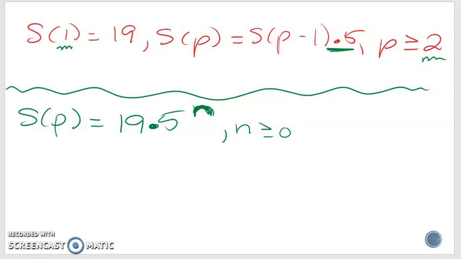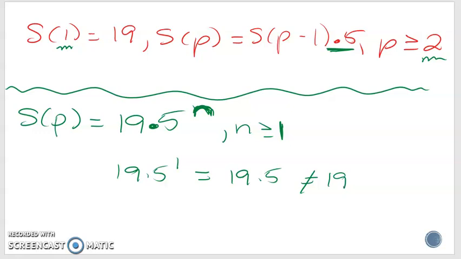It would be nice, but 0 isn't the input that goes with it. The input it goes with is a 1. Okay? But if I put 1 in here, I will get 19 times 5 to the first, which is 19 times 5, which is definitely not 19. So I have a bit of a dilemma here.